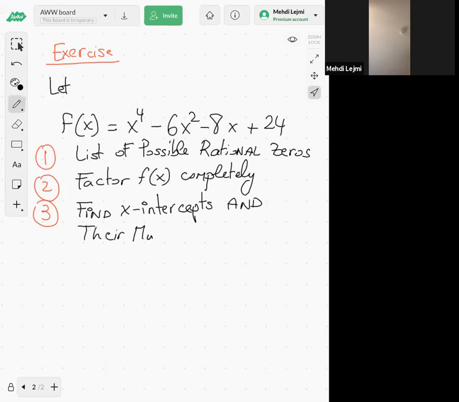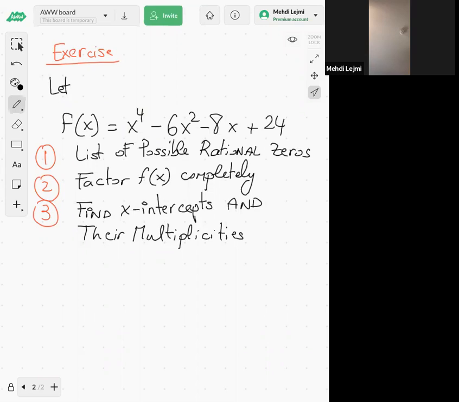So why is this exercise different from the previous one? That's because the polynomial f of x is of degree 4. So when you divide and compute your quotient, the quotient is going to be of degree 3, not degree 2, and then you have to factor the quotient, which is of degree 3.